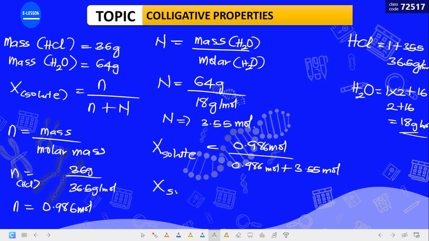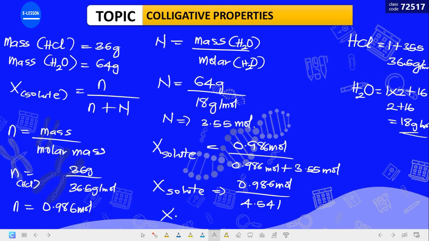And then when you solve, the mole fraction of the solute is equal to, add what you have together, 0.986 mole divided by 4.541.